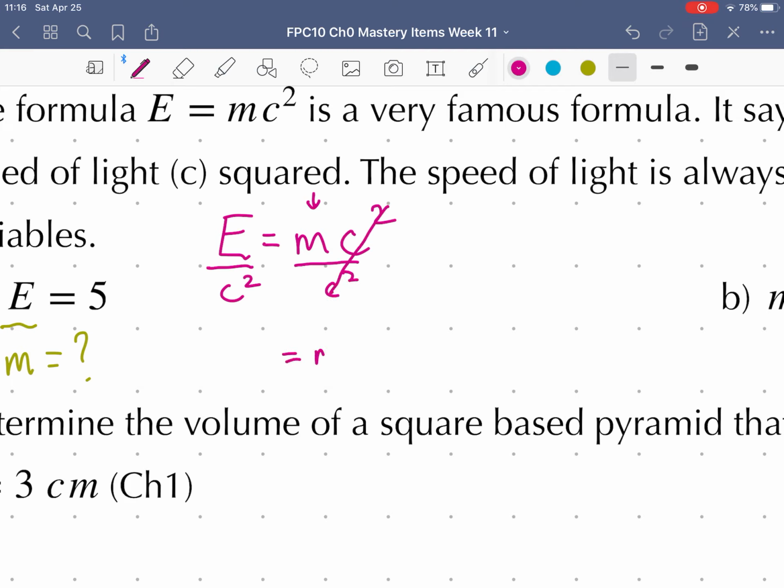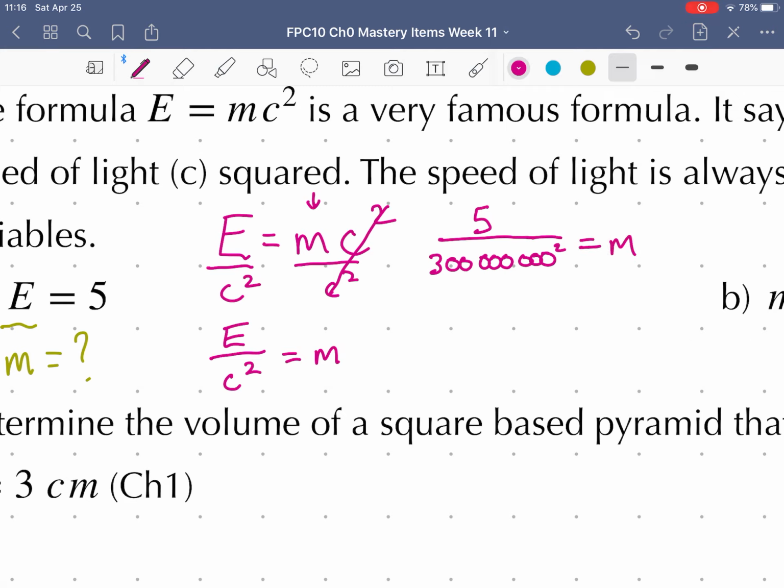These will cancel out, and we get m is equal to E divided by c squared. So to figure out my mass, if I know my energy, I just take my energy and divide it by c squared. So in this one, I do 5 divided by 300 million squared is equal to m.